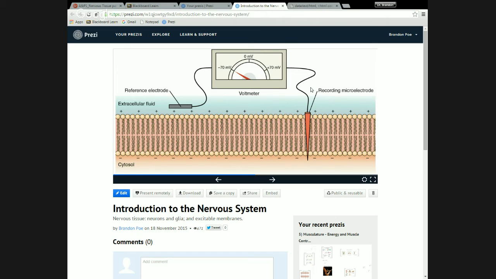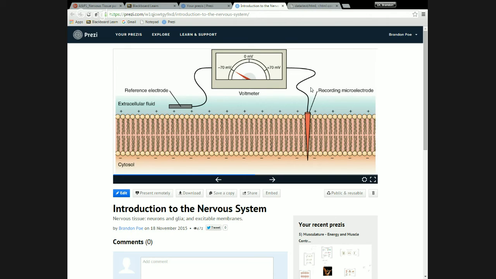Of course, the scale that we're seeing drawn in this picture is completely unrealistic. To do this, you would have a Petri dish with a cell in it, and you wouldn't be able to see the cell because it's microscopic in size, so you'd be looking at it with the microscope. You would have a glass needle, which you could see, probably a few centimeters to 6 or 7 centimeters long. The pointy end, which would get down to a microscopic thickness, would go into the cell, and the other end, which is wider, would be sticking out of the Petri dish completely.